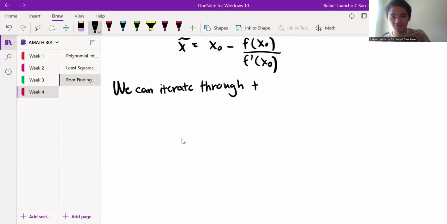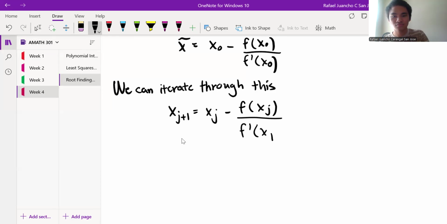So if we remember from our previous lesson on iteration schemes, we can just use the Jacobi iteration. Xj minus... Right?